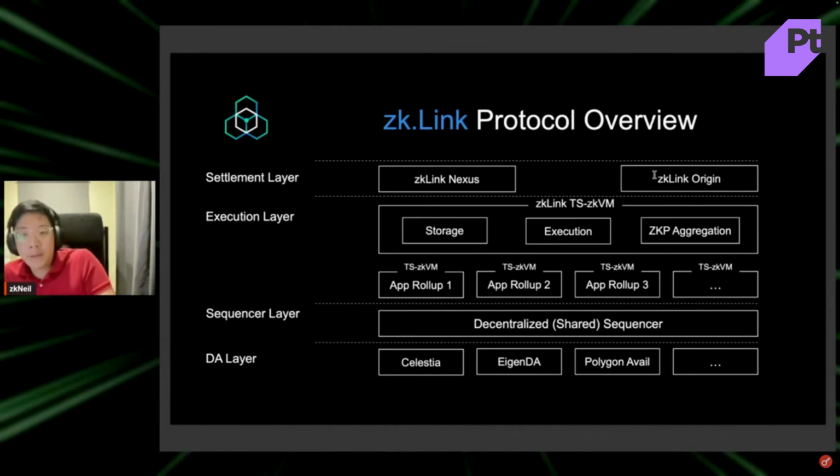The next thing we have is ZKLINK Origin, which is a layer 2.5. This layer 2.5 is basically a settlement layer which connects to both Optimism rollups and parallel EVMs through a translator that we have inside. We call it a light oracle network, a ZK oracle.